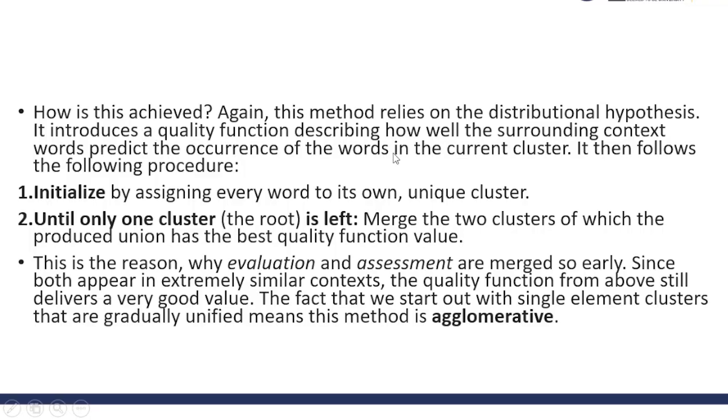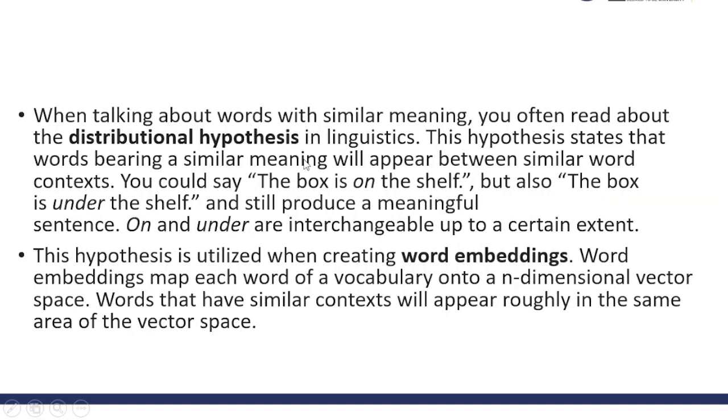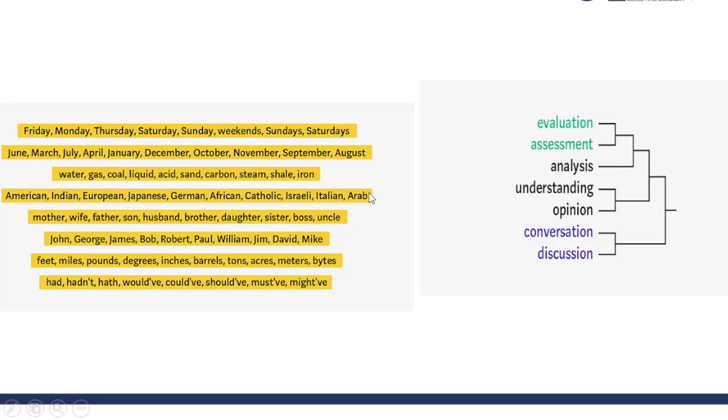So this is a method which is based on the distribution hypothesis. Now the distribution hypothesis is nothing but the words which have similar meaning will appear between similar word context. So, for example, if there is similar meaning, then they are going to appear with similar words.